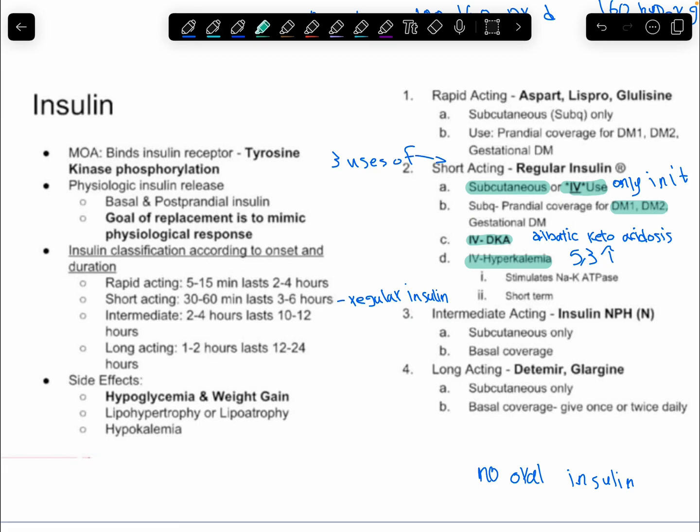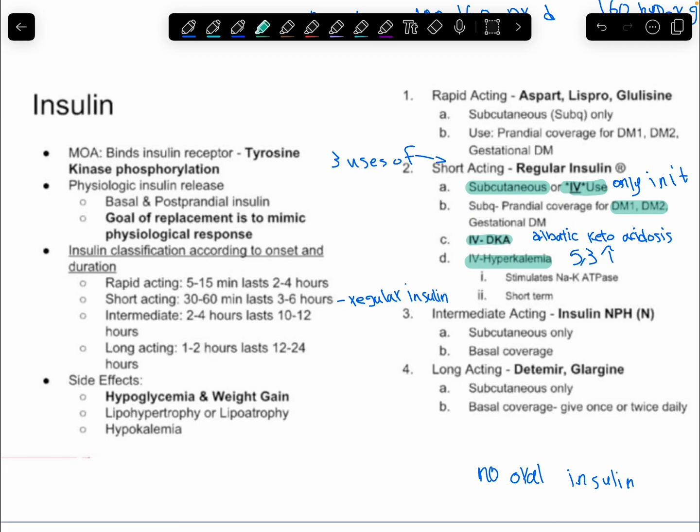Okay, go to next. Intermediate acting insulin, neutral protamine Hagedorn, NPH. You don't need to recall, but I think you must have discussed it.